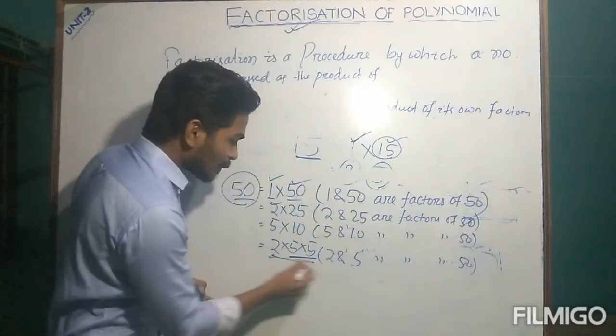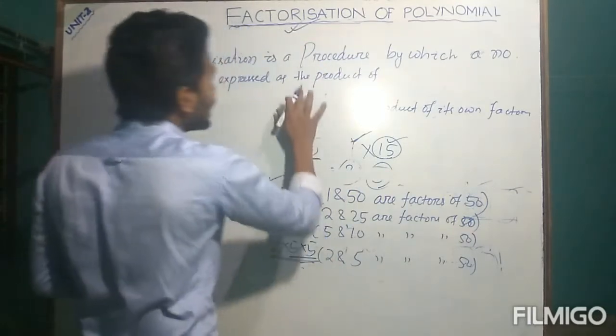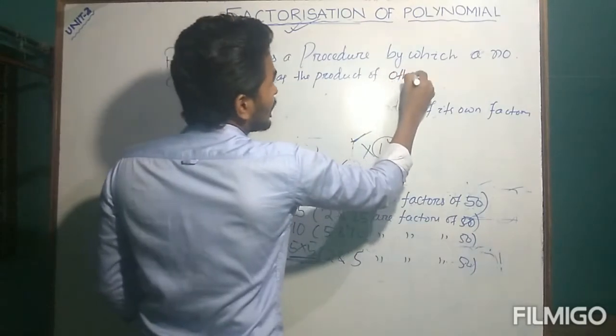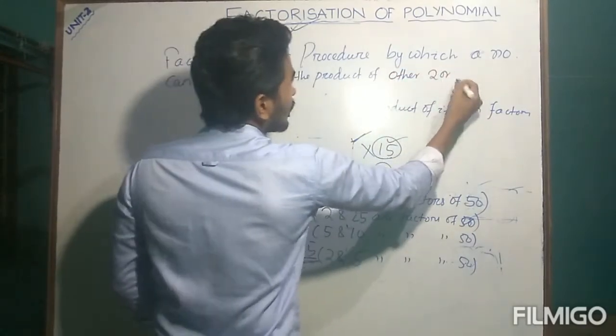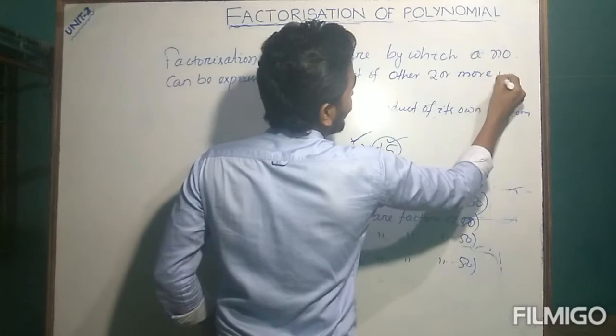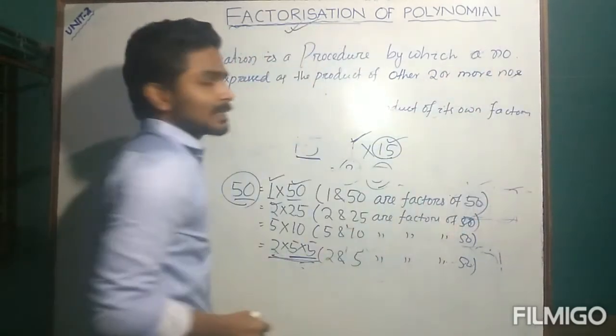So we can write it as the product of two or more numbers. Okay, this is clear.